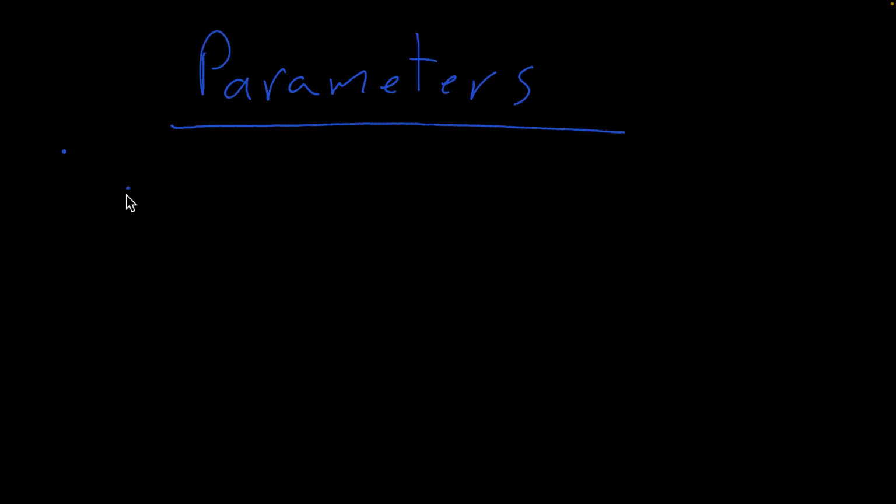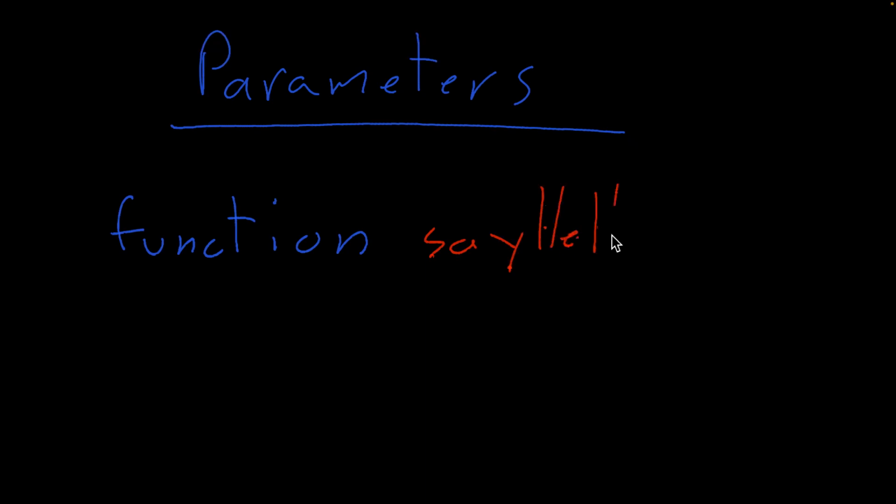All right, parameters. Let's write a function. I'm going to make it the same function. We've got to write the name: hello. And now in this parentheses area, I'm going to open it up a little wider so that we can write something in it.